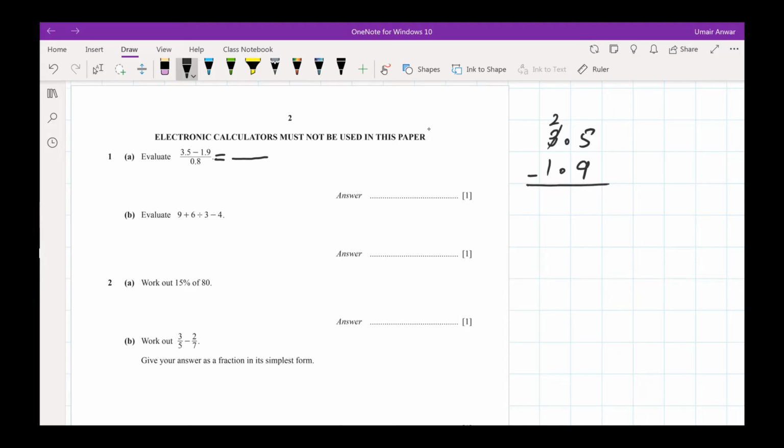So 1 is borrowed from 2, 15 minus 9 is 6. Then we have to write the decimal point beneath it, and then 2 minus 1 is going to give us 1. So 1.6 is going to be the answer of this subtraction, and it is being divided now by 0.8.